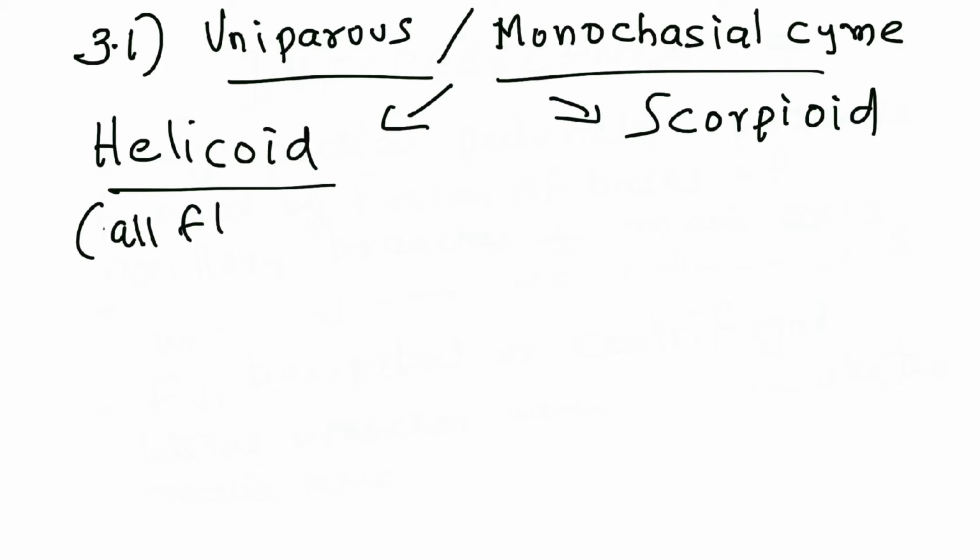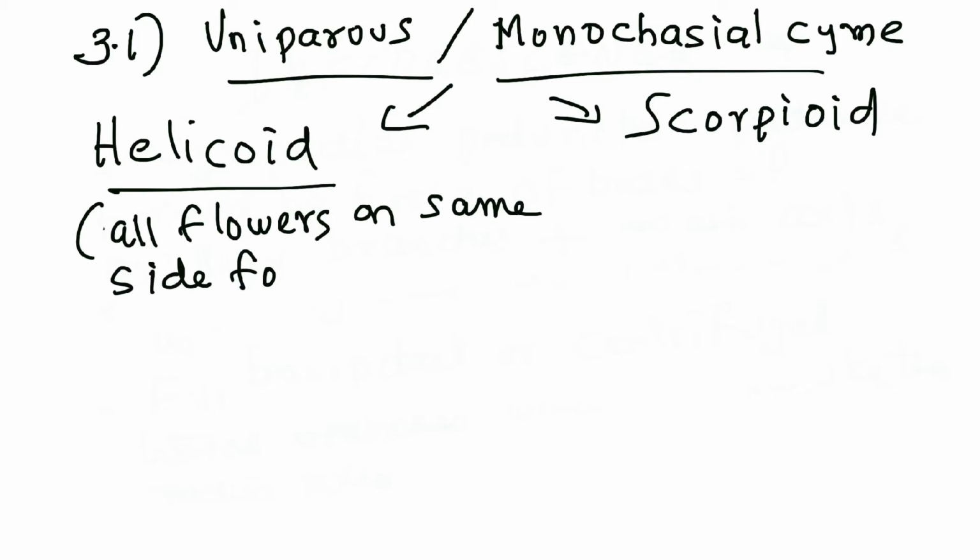You can get the idea from the wording itself. Helicoid basically indicates a helix. So what exactly is the kind of arrangement? Helicoid is a kind of arrangement in which all the flowers are on the same side, forming a helix-like pattern. That's the key point.